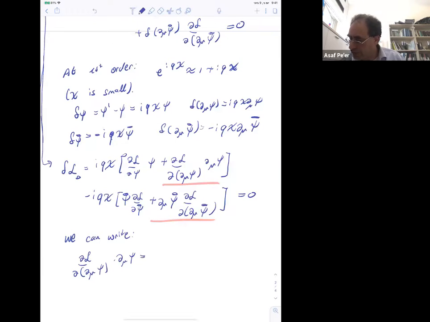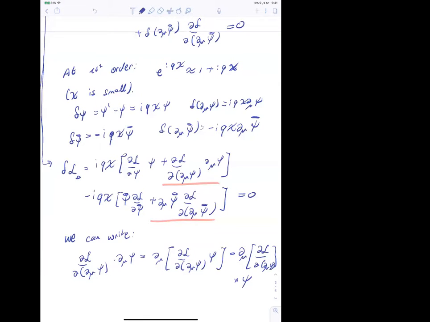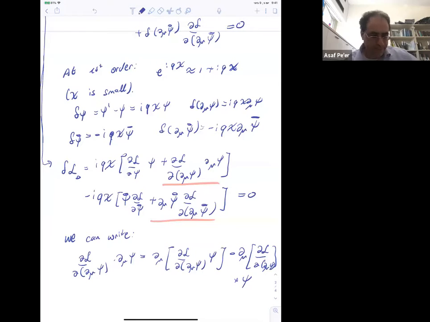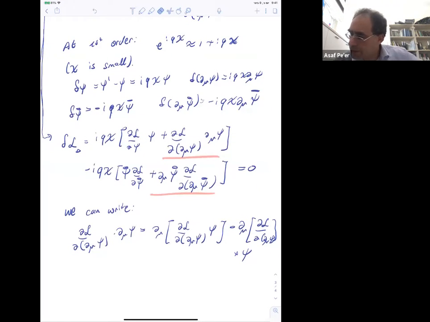That's the full derivative: d mu of dL over d d mu psi, minus d mu of dL over d d mu psi, multiplied by psi. And of course the same for the last term.